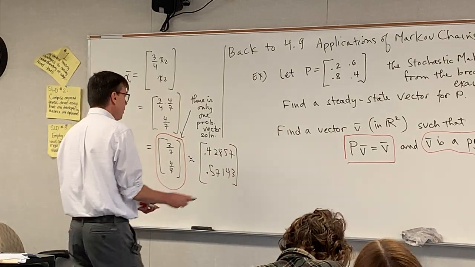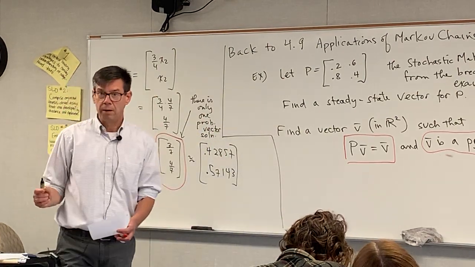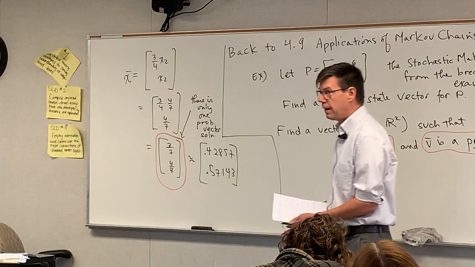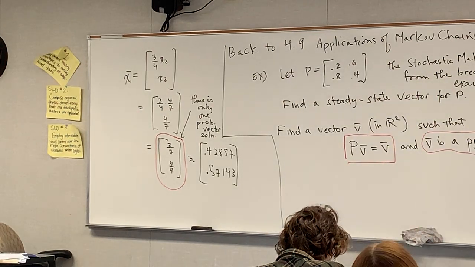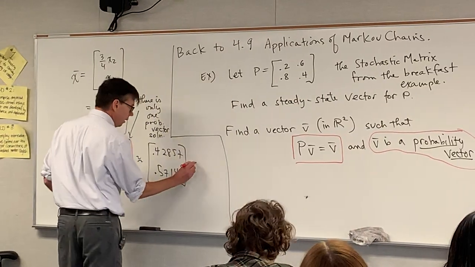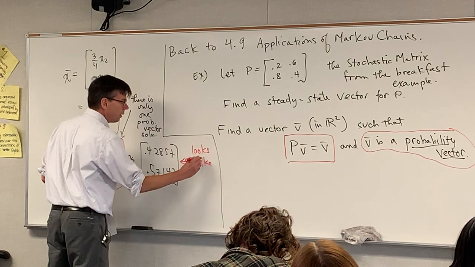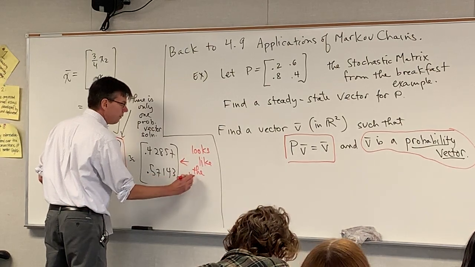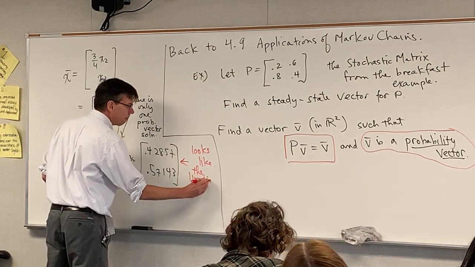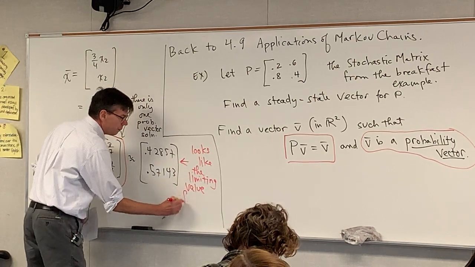And that's worth noting, because that looks like what we were approaching on Friday when I finally got the problem written down correctly. So this looks like the limiting value from last time.